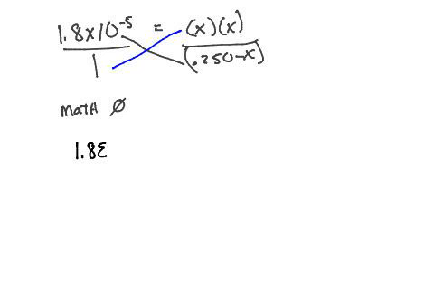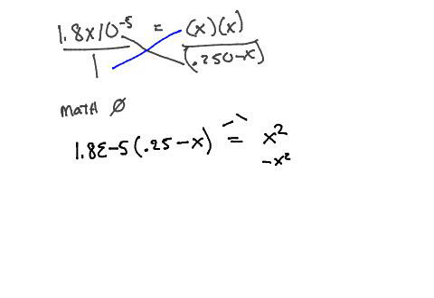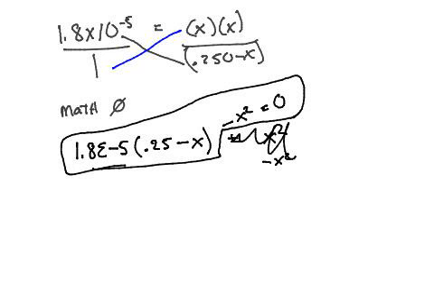So you can say 1.8 E negative 5, parentheses, times 0.25 minus x, parentheses, and that's equal to x squared. Since I have to set that equal to 0, if I subtract x squared from both sides, then essentially this can just be minus x squared equals 0. So if you type this right in here into your calculator, you solve for x.